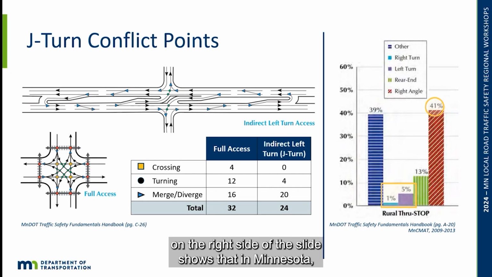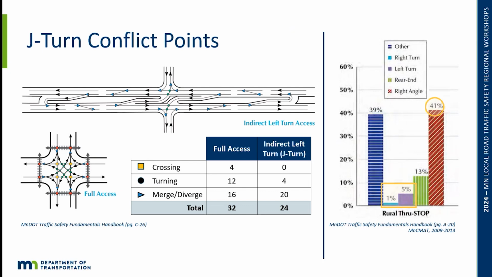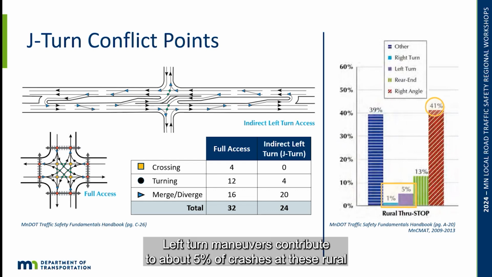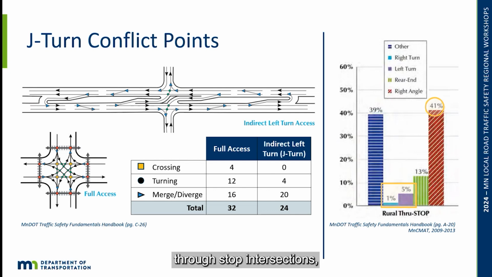The graph on the right side of the slide shows that in Minnesota, right turn maneuvers contribute to about 1% of crashes. Left turn maneuvers contribute to about 5% of crashes at these rural through-stop intersections. But angle crashes are over 40%.